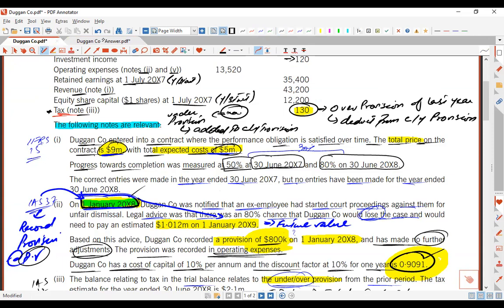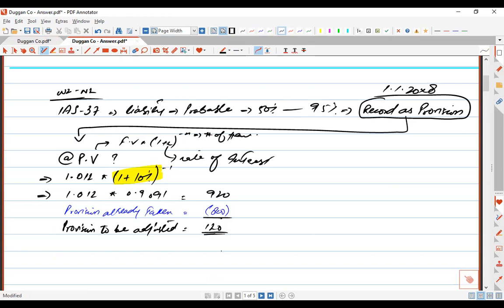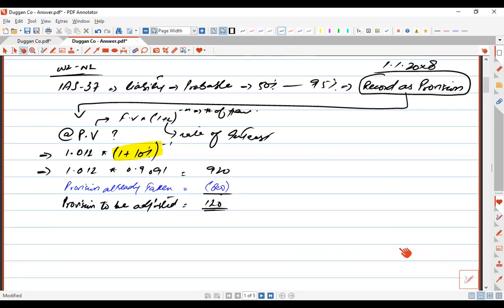By the way, once you record a liability amount, finance cost is also to be calculated on that liability. If it is mentioned in the question that they didn't make any further entry, the next thing for us to do is to calculate the finance cost. Over here, the total amount of liability is 920.